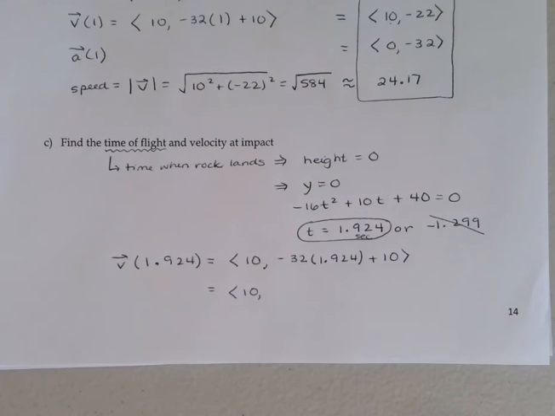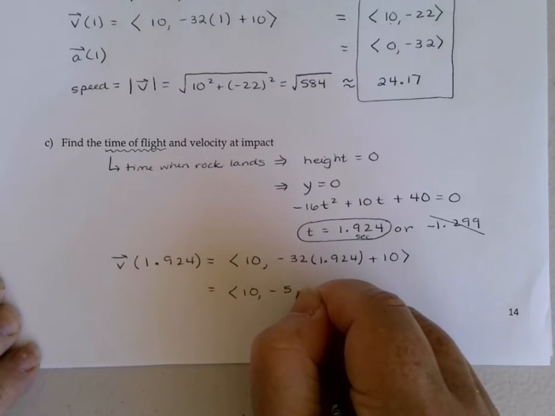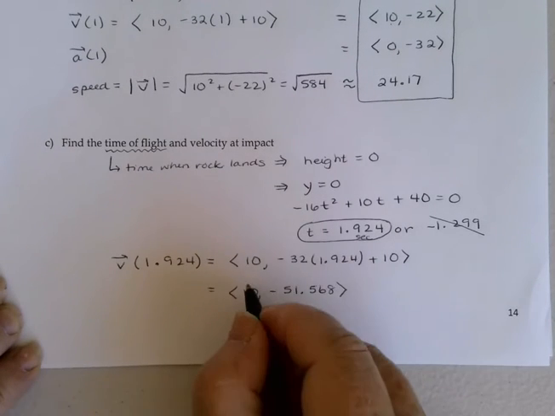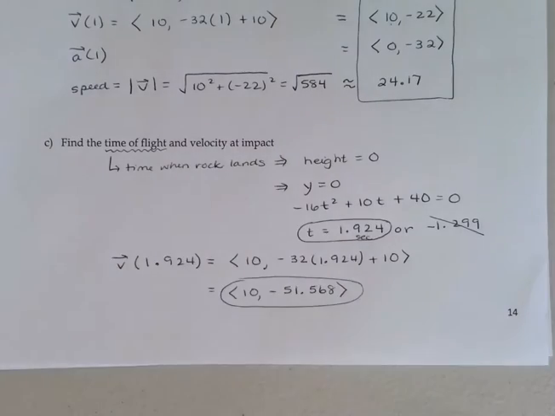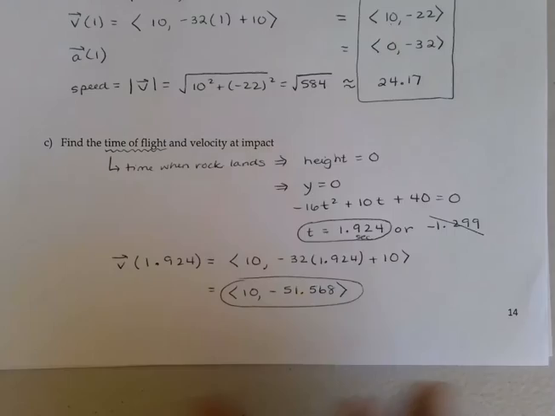So x component of the velocity is always 10. And I get negative 51.568 for the y component of the velocity. Notice that is falling. The y component is downward, which totally makes sense when that rock hits the ground.